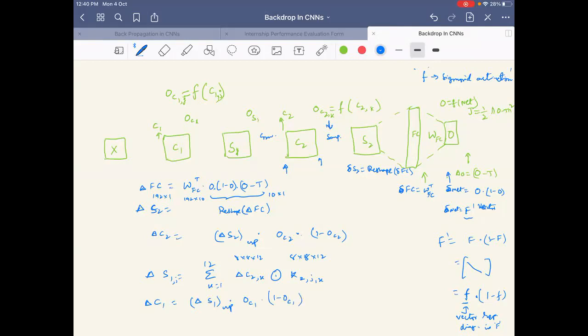The reason is that we have an activation function after the first convolution layer as well. This is for the activation at C1, this is for the activation at C2, and this is for the activation and the error together at the output fully connected layer.